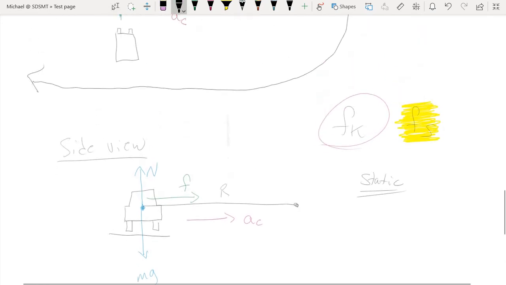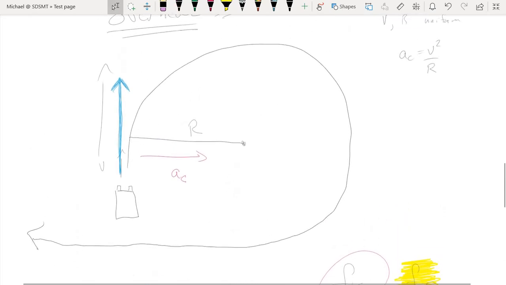What is it about this motion of the car as it goes around the circle that we want to remain unchanged? And that is the radial value. As we go around this circle, we do not want the radial value to change.